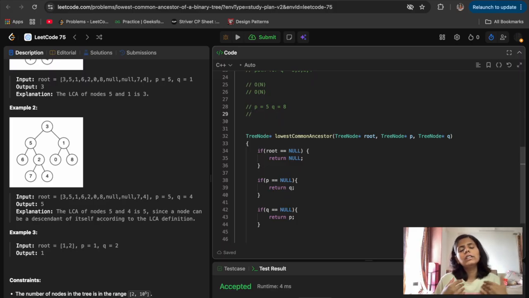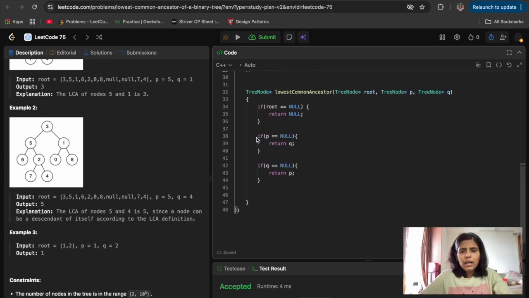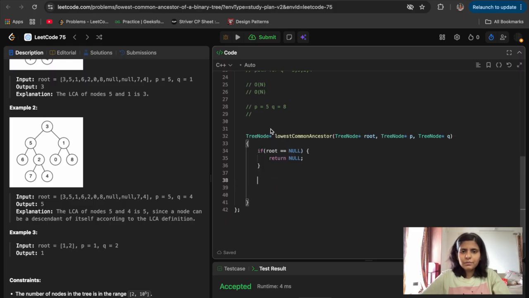Likewise I will go until my root node becomes null, and then I can't proceed further.